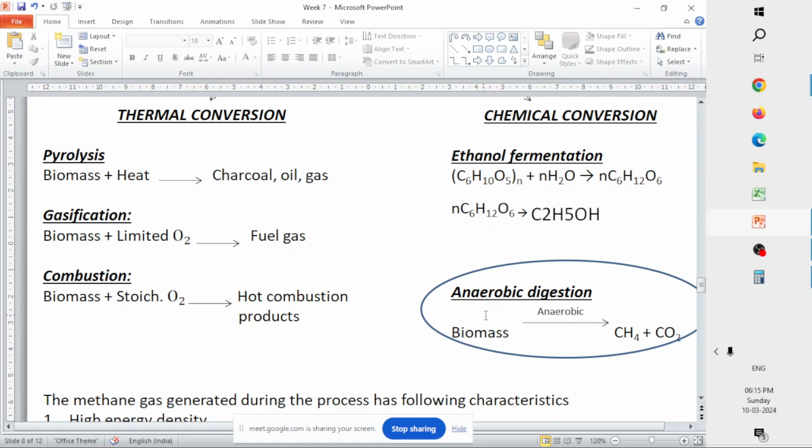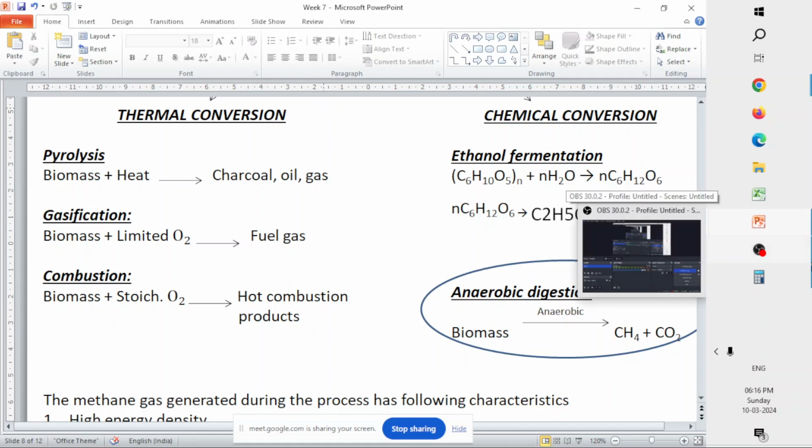This process is known as acidogenesis. The biomass then undergoes another process called acetogenesis, where the higher fatty acids are converted into acetic acid or simpler acids, and at the end this acetic acid undergoes the methanogenesis process, forming methane gas.